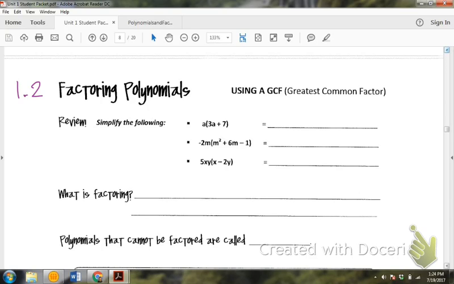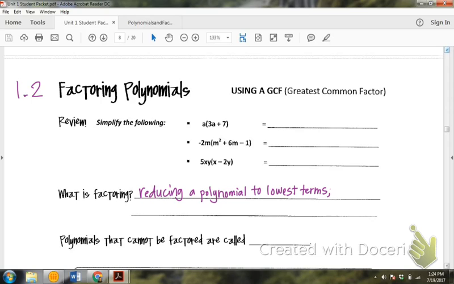Okay, to factor, the process of factoring is simplifying, which is what Crystal told us. So it's reducing a polynomial to lowest terms. Simplifying. Okay? So it's reducing a polynomial to lowest terms.